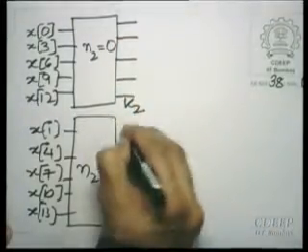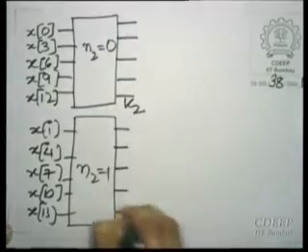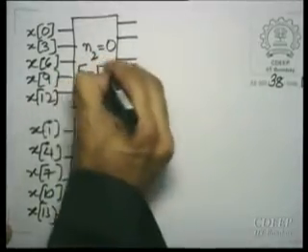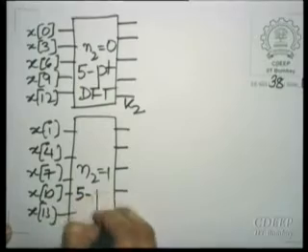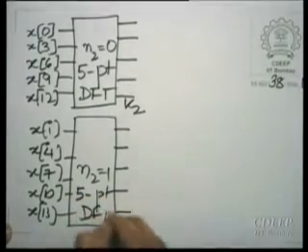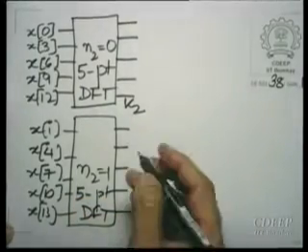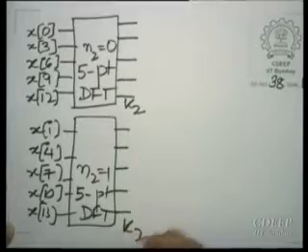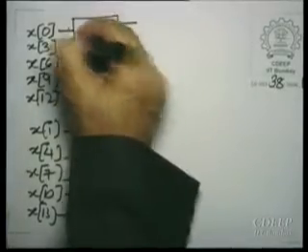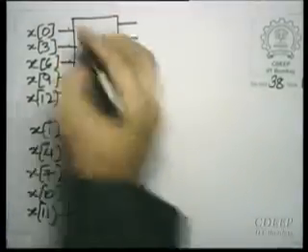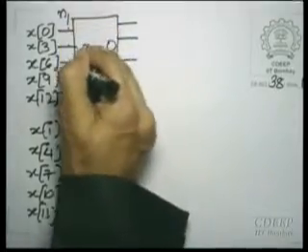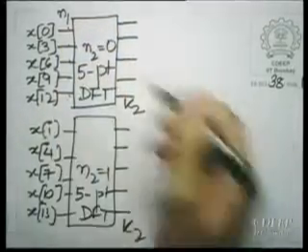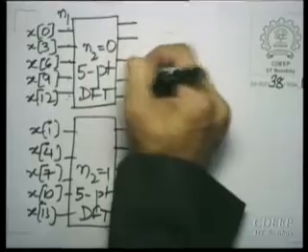So, you can think of a 5-point DFT box here. You can think of a module which computes a 5-point discrete Fourier transform. And the input pins of this box are indexed by N1. So N1 takes the value 0, 1, 2, 3, 4. And the output pins are indexed by K2.